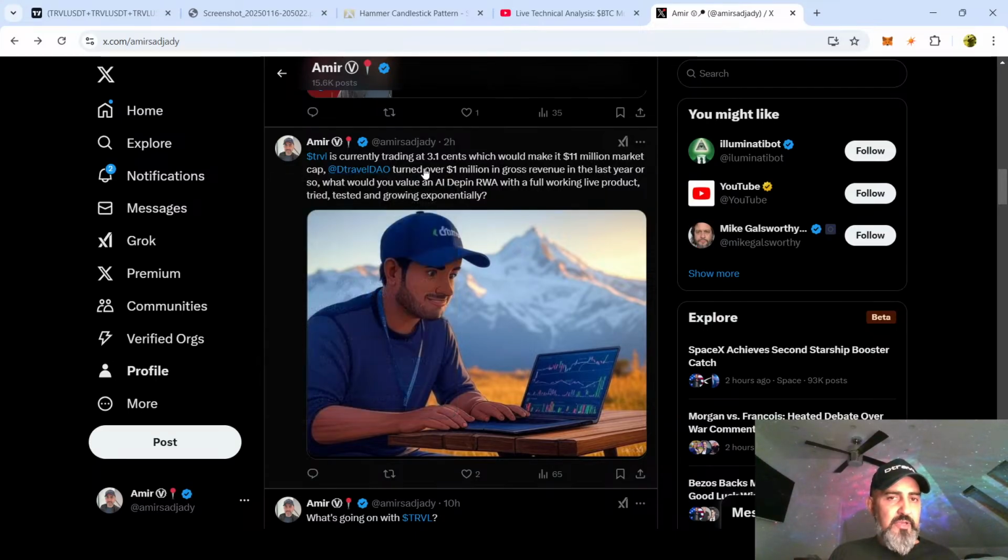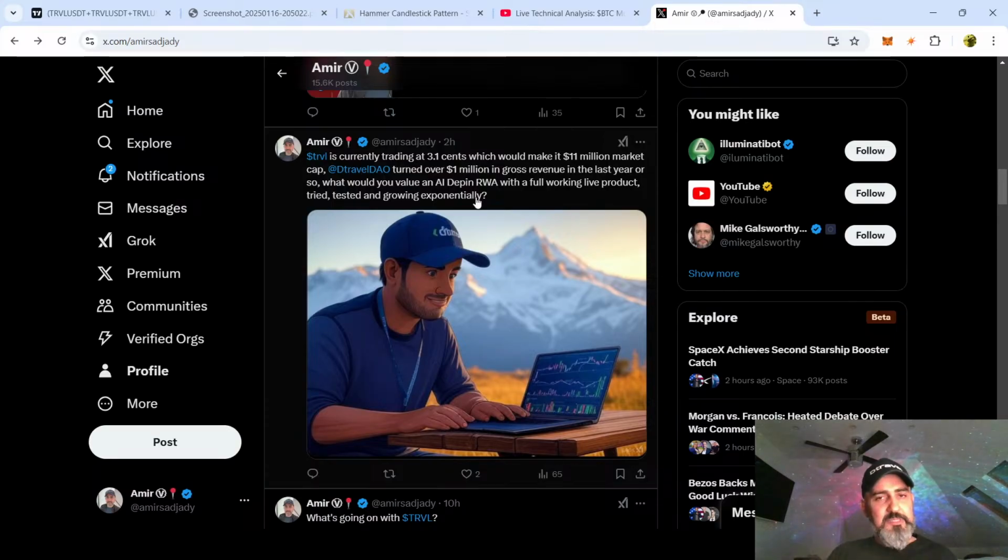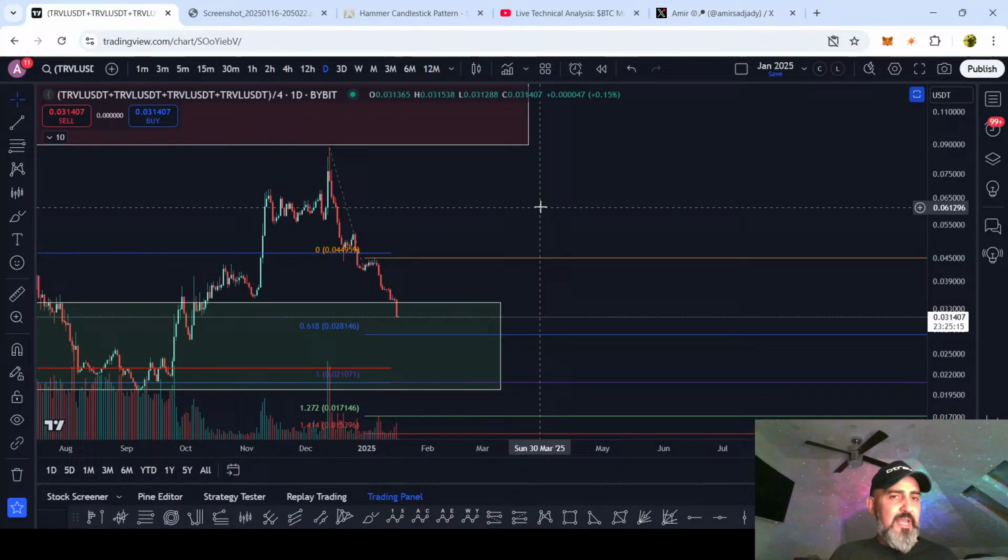Dtravel turned over $1 million in gross revenue in the last year and a bit. So what would you value an AI-pin RWA, real world asset with a full working life product, tried, tested and grown? Exponentially, in brackets, not potentially exponentially, it's not exponential yet, but potentially exponentially. So I think it's undervalued, like it really is undervalued, but the token doesn't reflect the value.